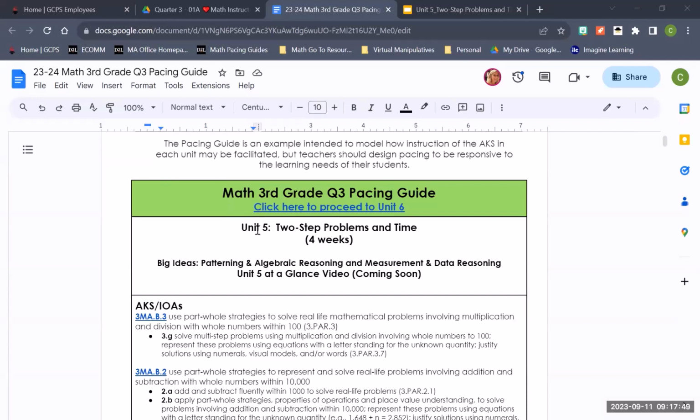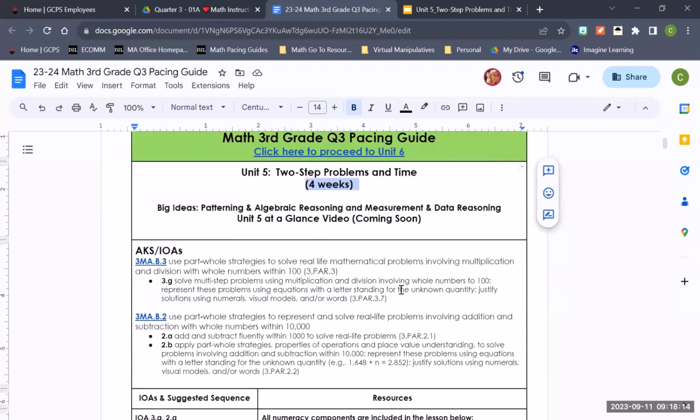Just as a reminder, in this box of our pacing guide, you will find the unit name, suggested pacing, as well as big ideas for this unit. The big ideas for this unit are pattern and algebraic reasoning, along with measurement and data reasoning. The name of the unit is Two-Step Problems and Time, and the suggested pacing is approximately 4 weeks.